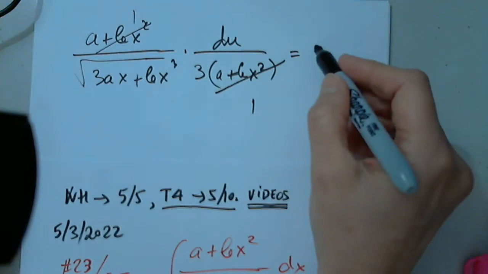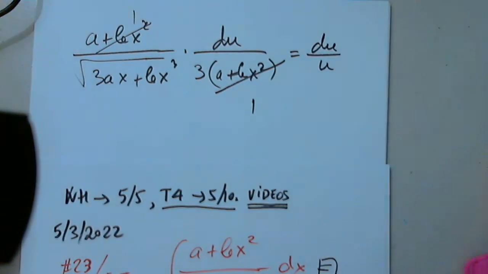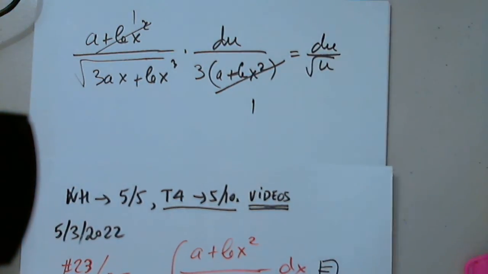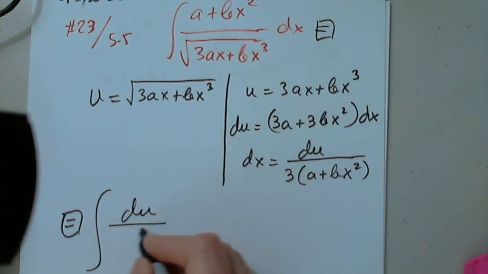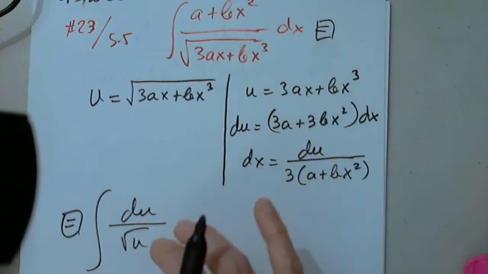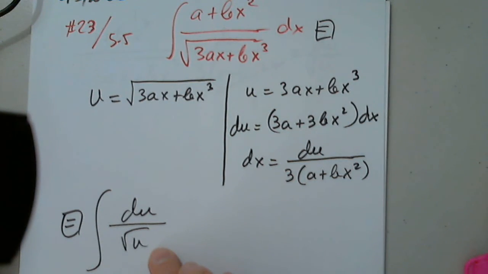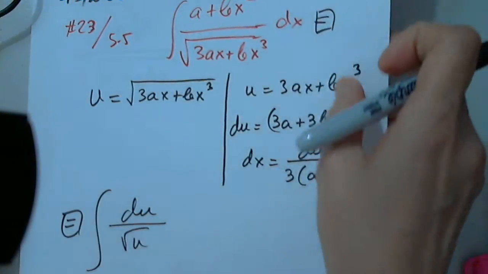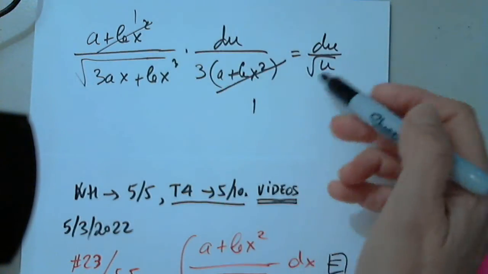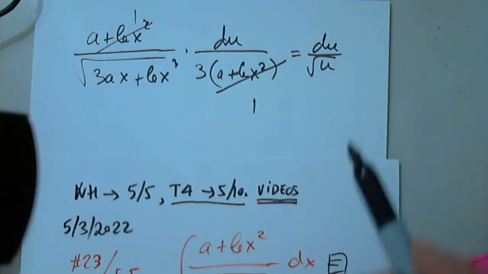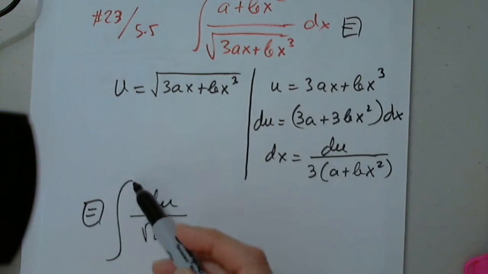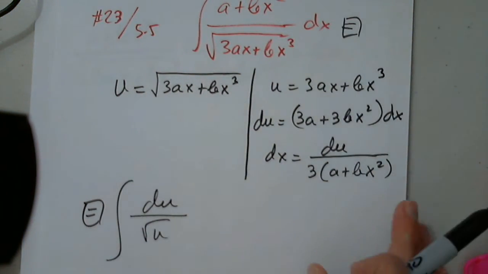And then this is du divided by u, with a square root in this case. Then you go here and you say du over the square root of u, but you cannot do it inside of an integral. So you can do it on scratch paper, calculate whatever you want. You can throw this away. You don't even have to turn it in if you want. But I cannot have it inside the integral.